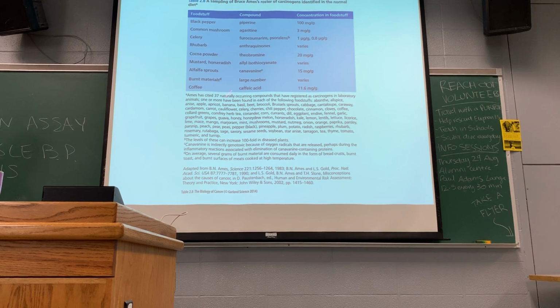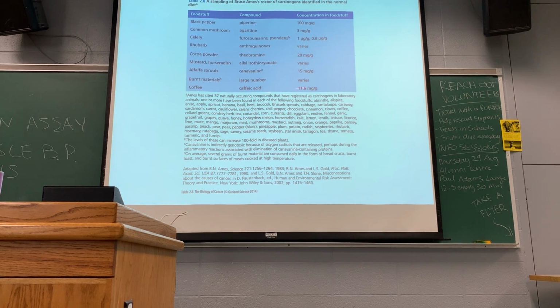I don't like that this is from the book, and now this is the first time I'm noticing that this is calling this a carcinogen, but if it's the Ames test, it really should be just a mutagen. But anyway, these are things that were identified using this Ames test as mutagenic, but they've also registered, I guess, okay, if I read the fine print, they're also registered in laboratory animals as carcinogens, because that's the only way we're going to test if they're carcinogenic.